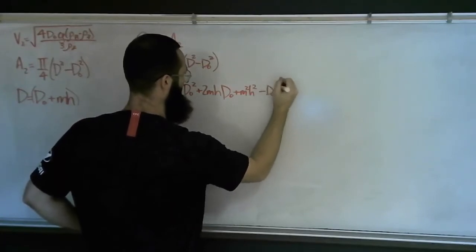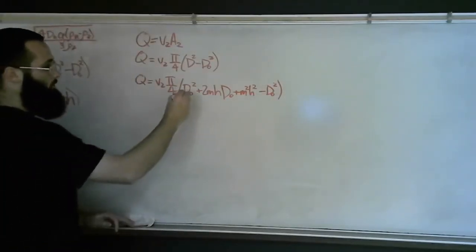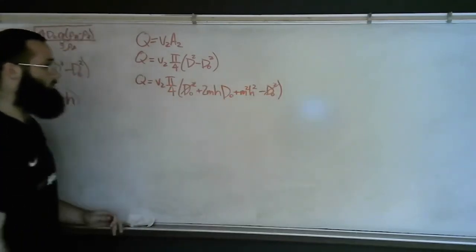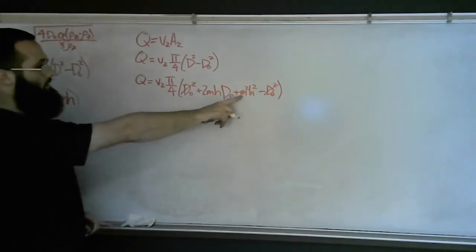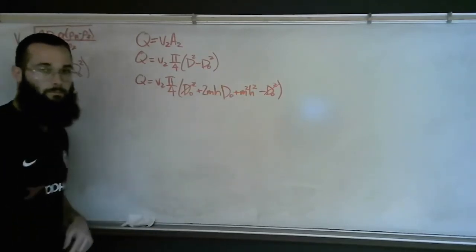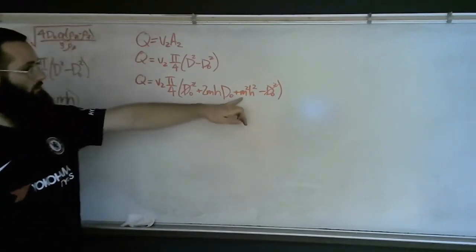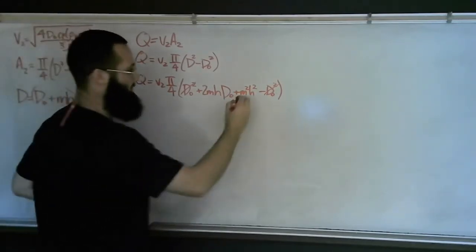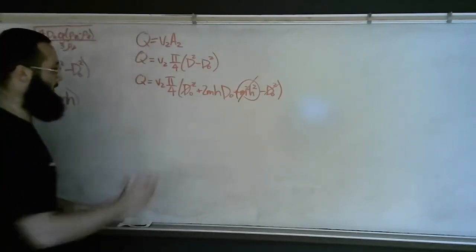And then we have our minus d naught squared at the end there. So all we want to do is cancel those two d naught squareds. And what we're left with here is just the 2 n h d naught and this n squared h squared. And the slope of this line is going to be so small that by squaring it, it's going to make this term essentially 0. So we can go ahead and cancel that.